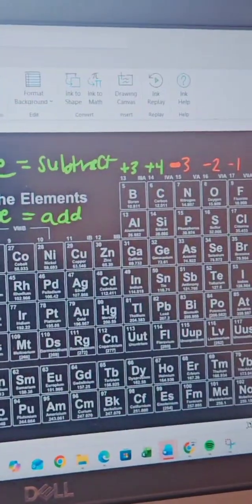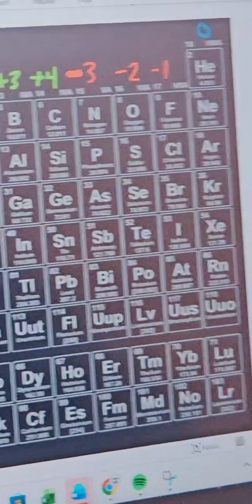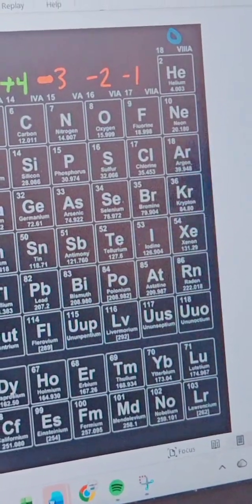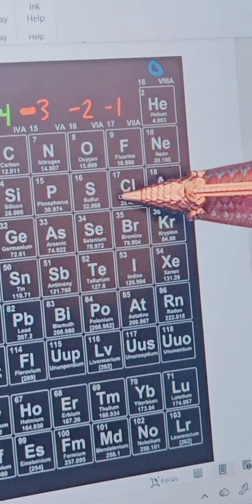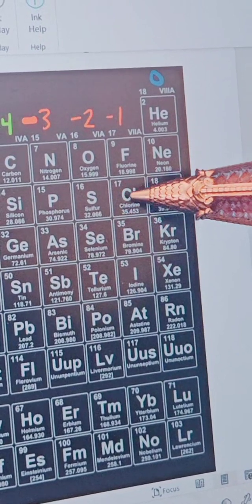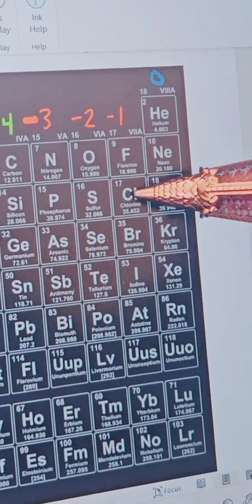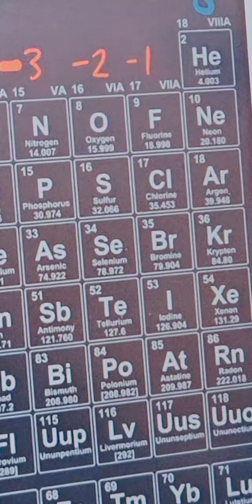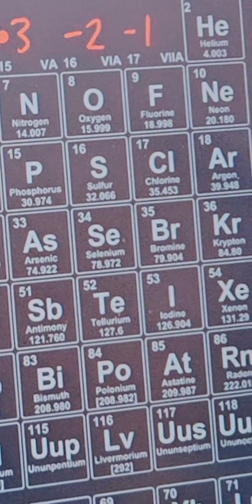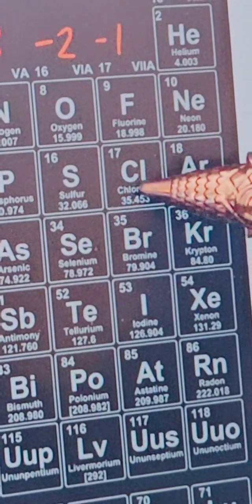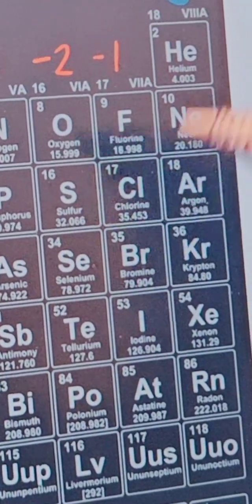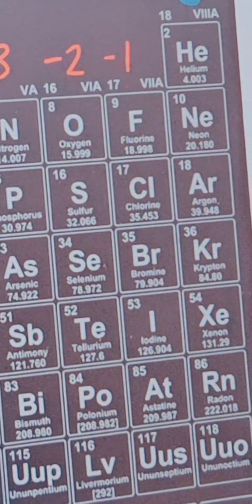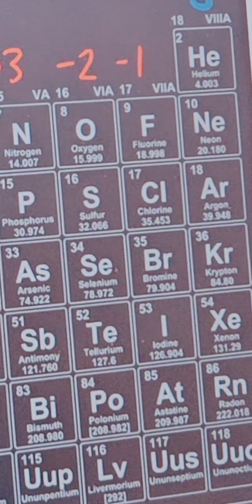I want y'all to be familiar with this because you're going to need to know it. Here's chlorine right here. See that? 17. What is the mass number? Can y'all tell me what is the mass number for chlorine? Round it up though. Put that number in the comment box.